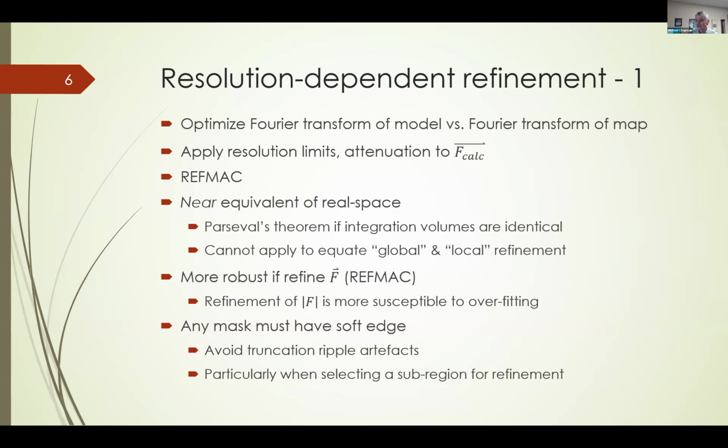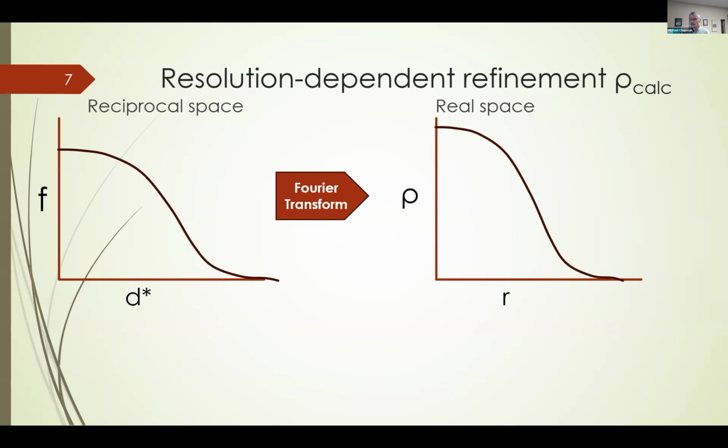And so there can be a temptation of expediency to cut out a unique region of interest, and refine just that sub-area, masking out the rest of the map. Care is needed in doing this to make sure that you don't introduce any Fourier ripple errors due to the sharp boundaries that can occur at the edge of a mask. So we approach this resolution dependency in a different way.